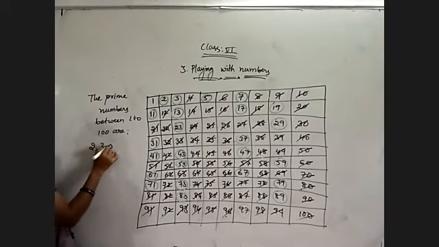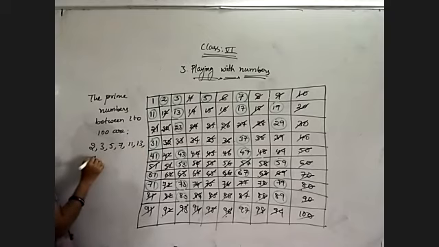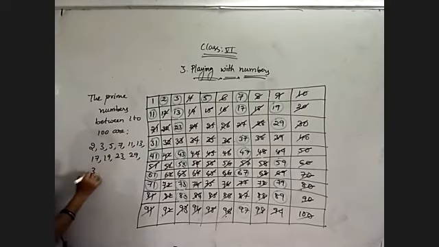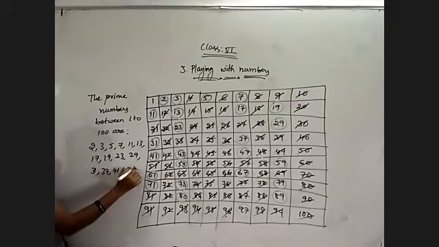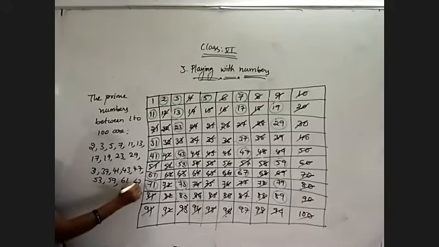2, 3, 5, 7, 11, 13, 17, 19, 23, 29, 31, 37, 41, 43, 47, and 53, 59, 61, 67, 71, 73, 79, 83, 89, and 97.